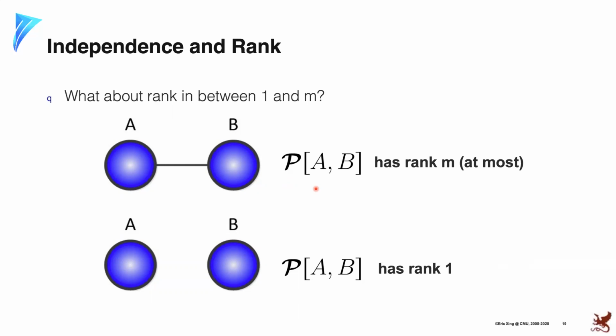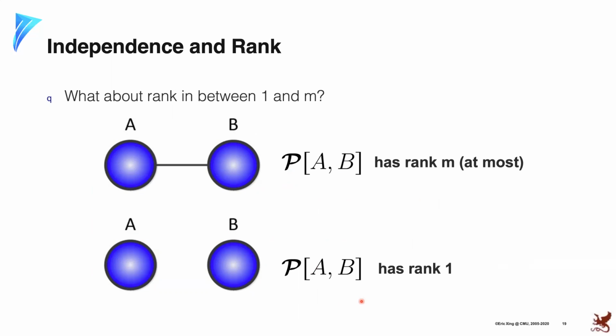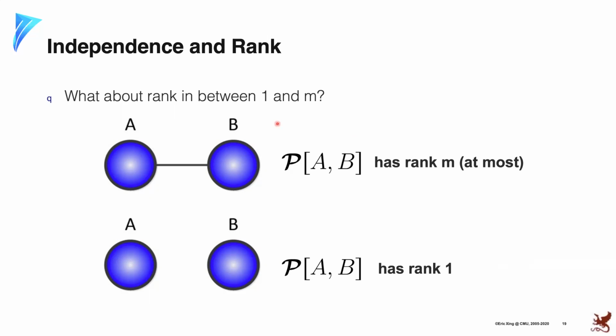But for this m by n matrix, its rank can be anywhere between 1 and n. So once we observe a joint probability matrix whose rank is between 1 and n, what does it really refer to? Meaning, what is the corresponding graphical model that we are talking about?